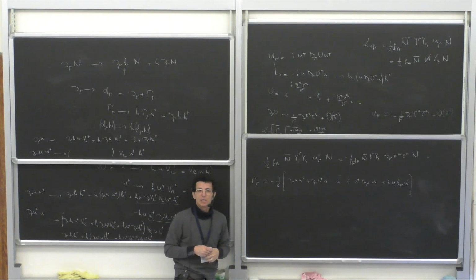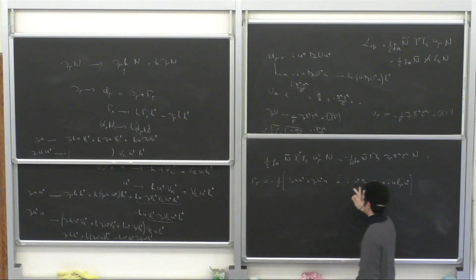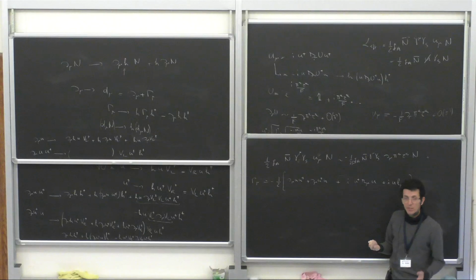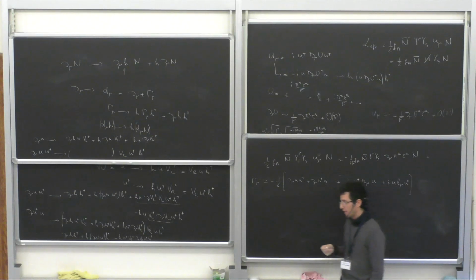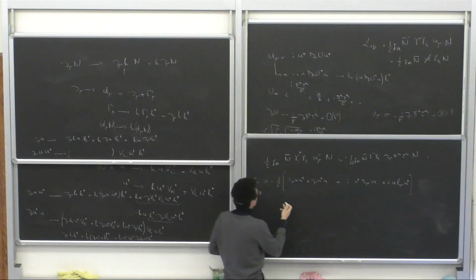This is called the chiral connection. There are the pion fields here, you see, through this matrix U. So they are dynamical terms.